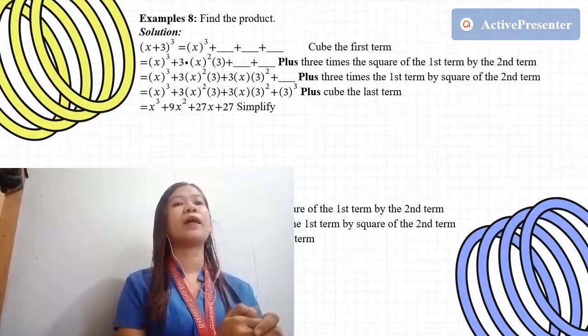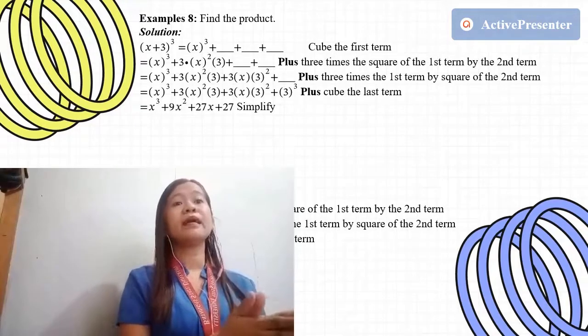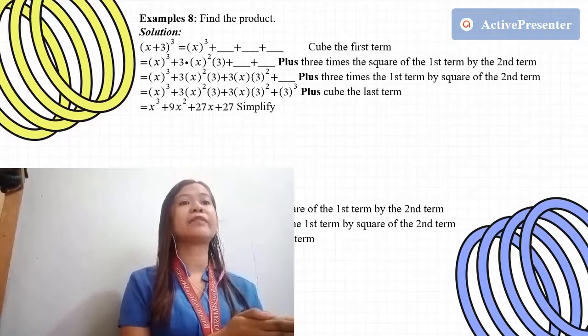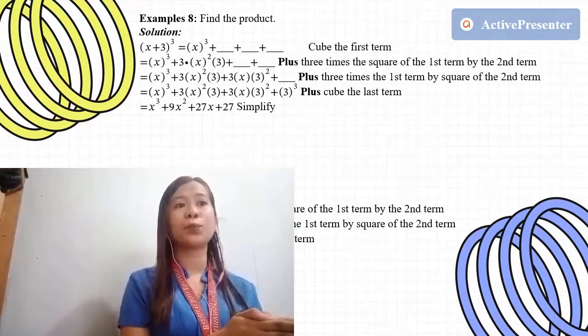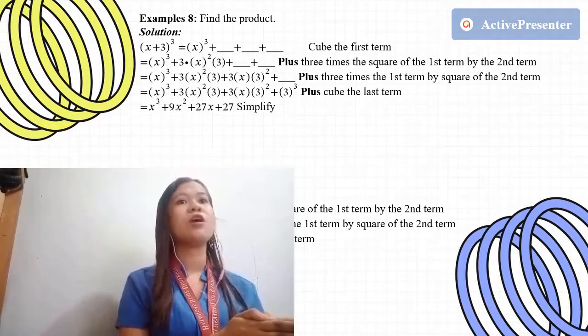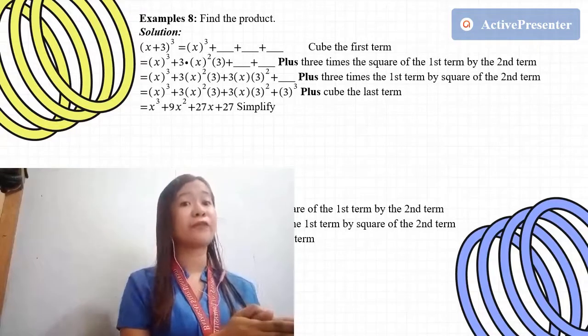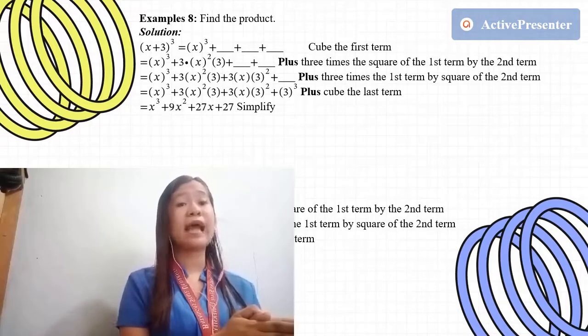Next one, plus 3 times the first term by the square of the second term. So we have 3 times the first term, which is x, times the square of the second term. We have 3 squared is equal to 9. So 9 times 3 is equal to 27, times x is 27x.